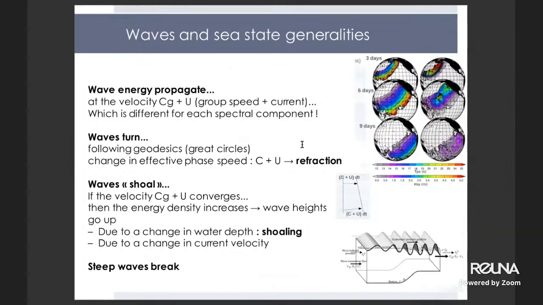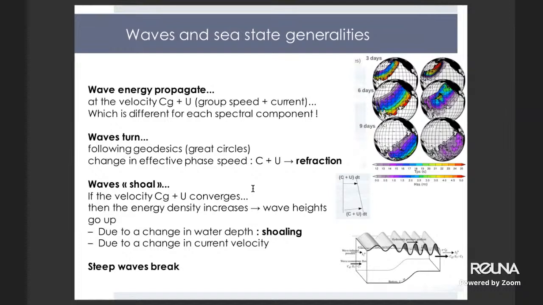They also turn by changing the effective phase speed. This is refraction. This is pictured with the little schematic with Cg plus U changing. Waves also shoal, that is, it happens if the velocities Cg plus U converge, and it happens usually in coastal regions, but also possibly when crossing current velocity gradients.